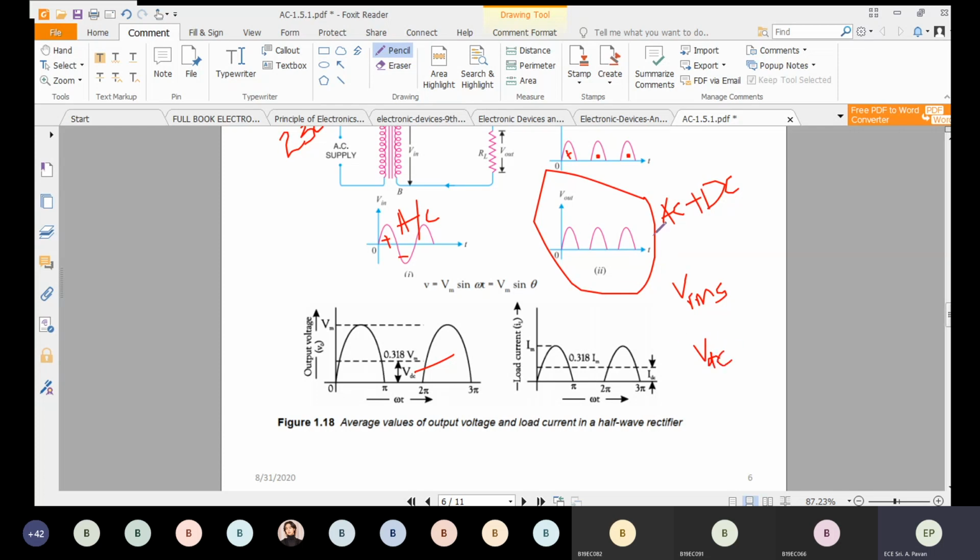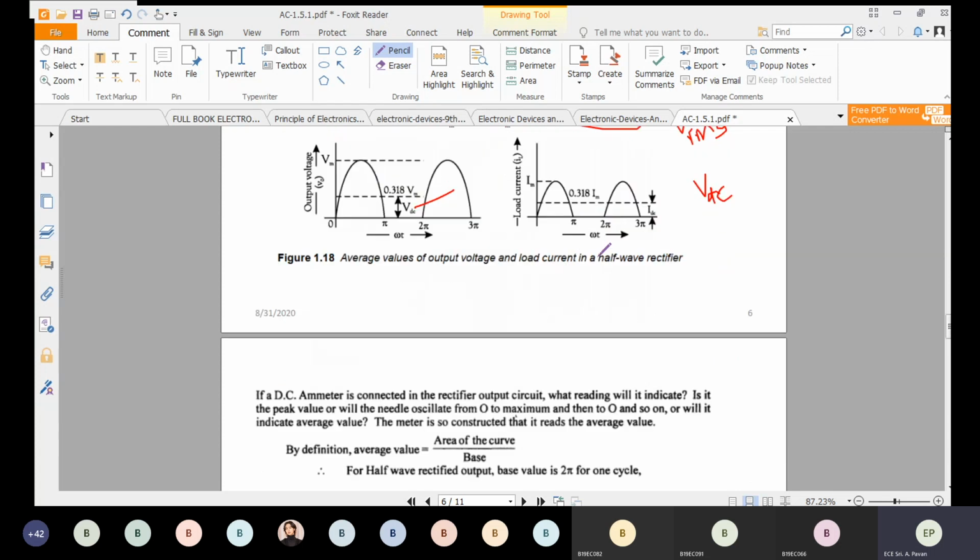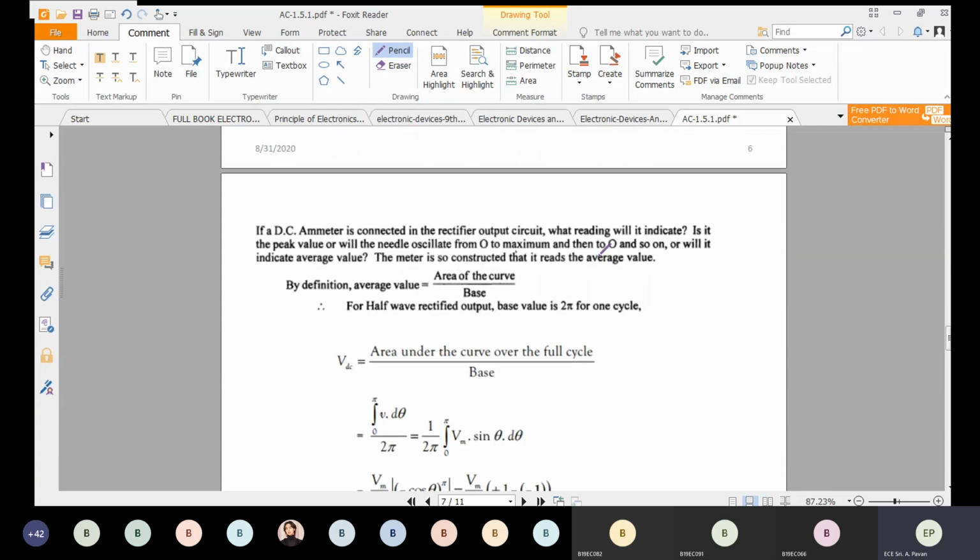As we have both components in this half-wave rectifier output signal, let us calculate the AC content and DC content. What is the formula we follow to find the DC? We can connect a DC ammeter or voltmeter at the output. In that way we can get the DC content at the output.